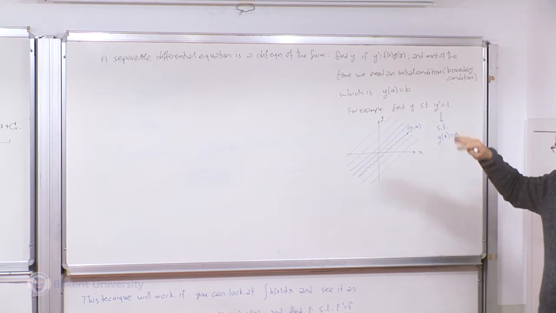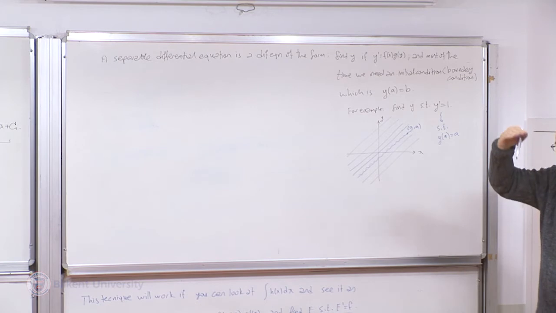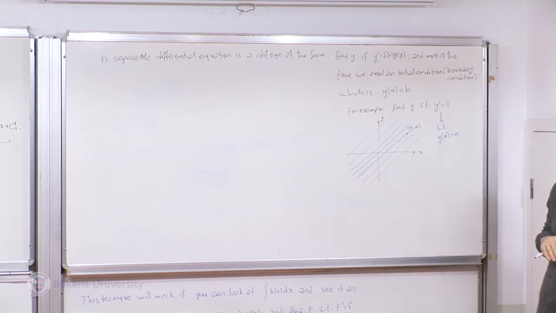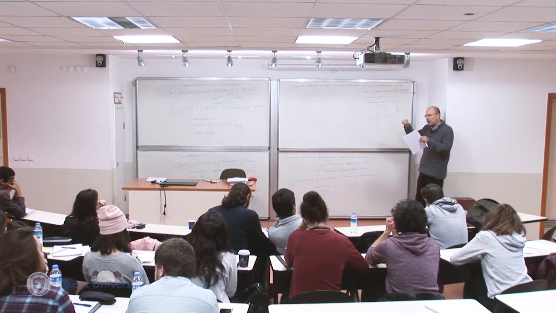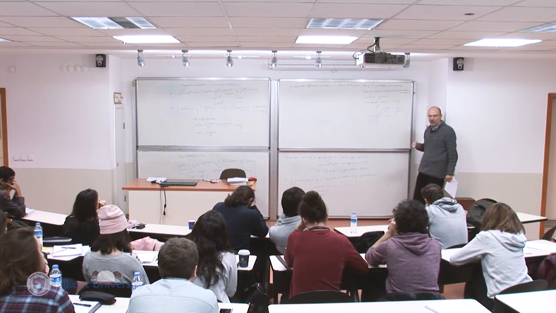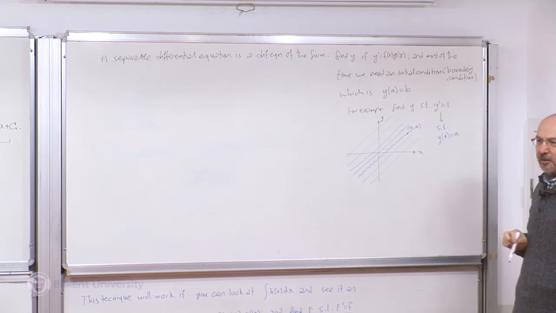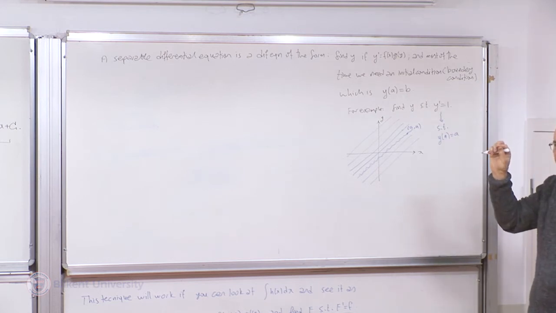There is one typical curve which satisfies the differential equation, but if you move this typical curve up and down, it still satisfies the equation because the differential equation is about the slope of that curve at an arbitrary point. If you don't change the shape of the curve and you move it up and down, the slopes always remain the same. So a boundary condition says that I want that curve which passes through a particular point.